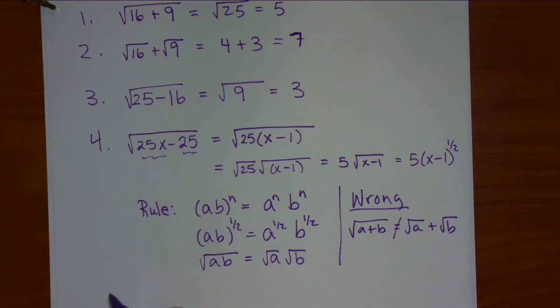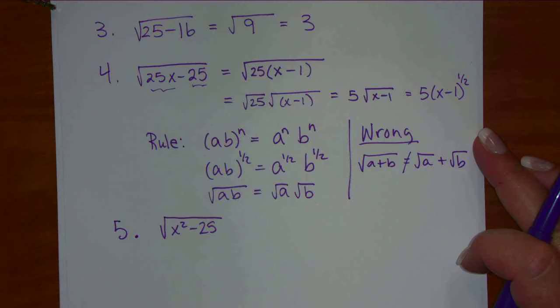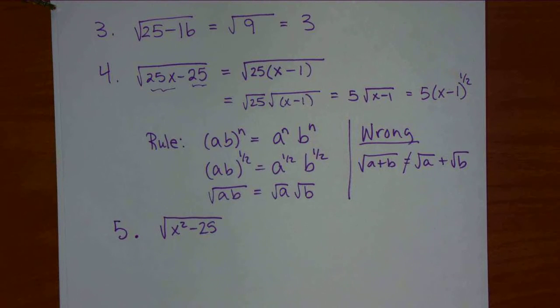Okay, so that being said, what about this one? Square root of x squared minus 25. So you can't do that, no, because this is wrong.